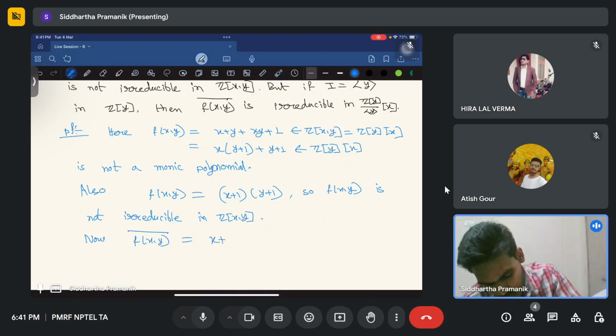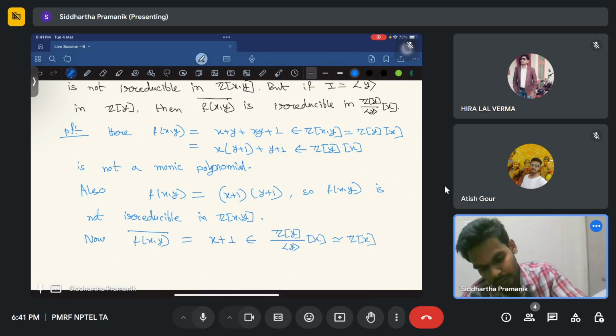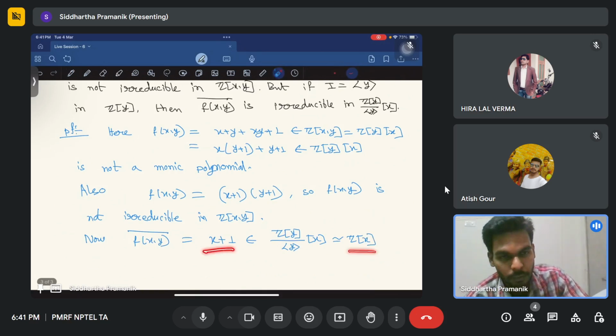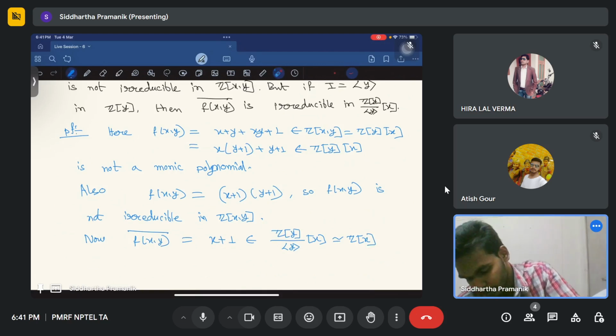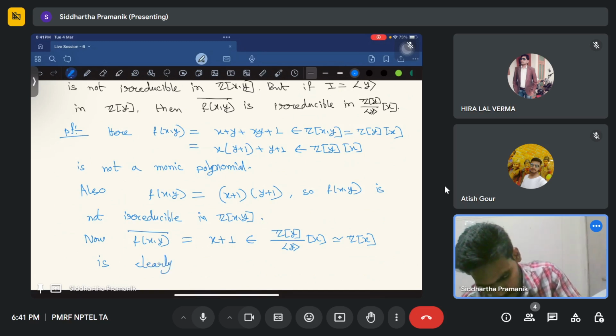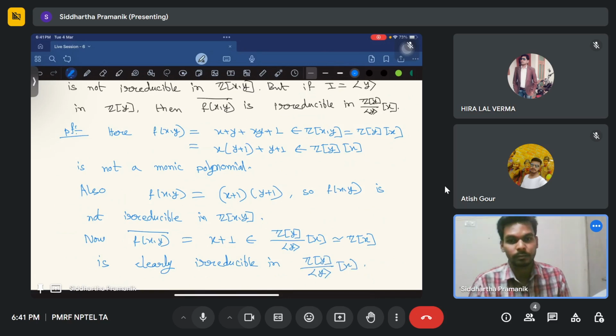So this is basically x + 1, which belongs to Z[y] modulo y and attaching x, and this is isomorphic to Z[x]. This is a degree 1 polynomial in Z[x], so this is clearly irreducible in the ring Z[y] modulo y of x.